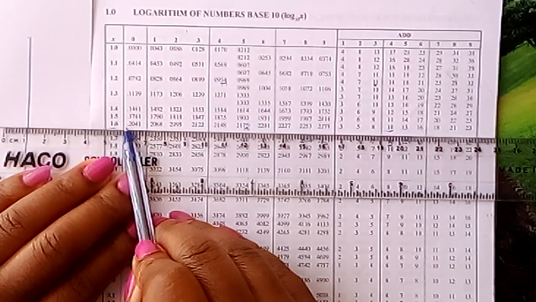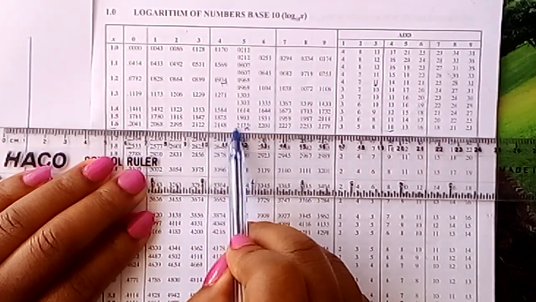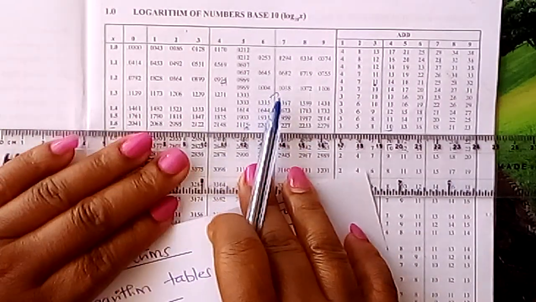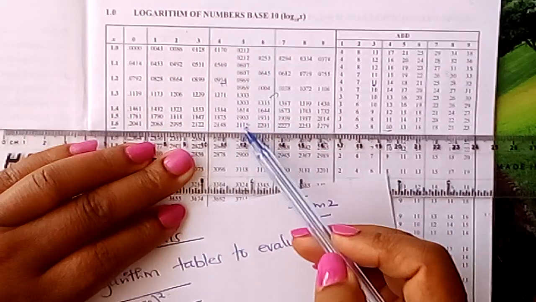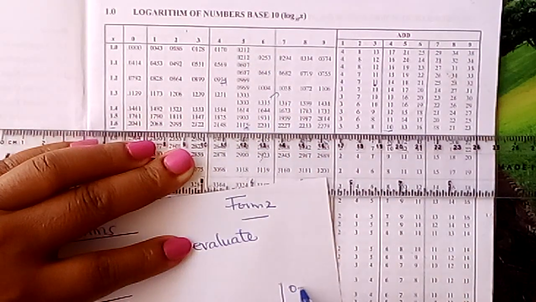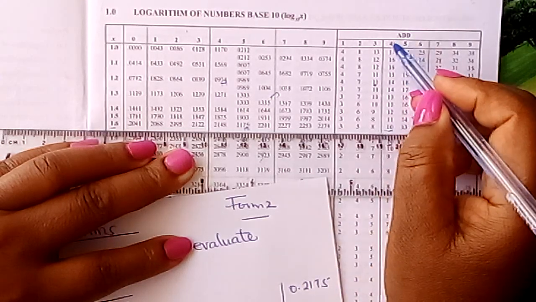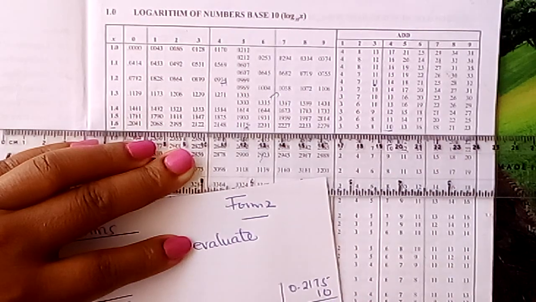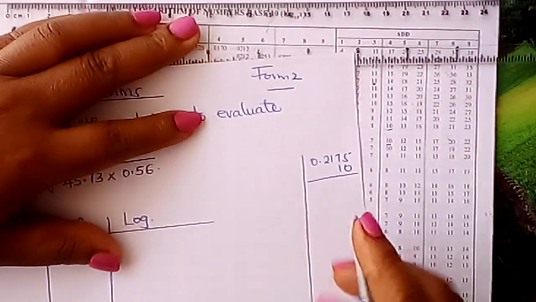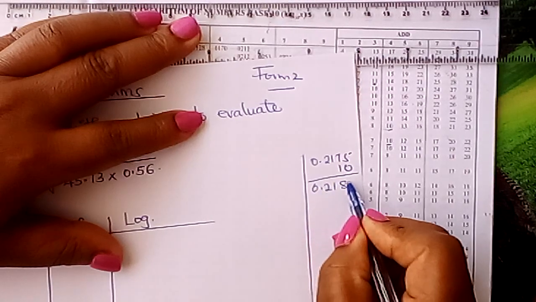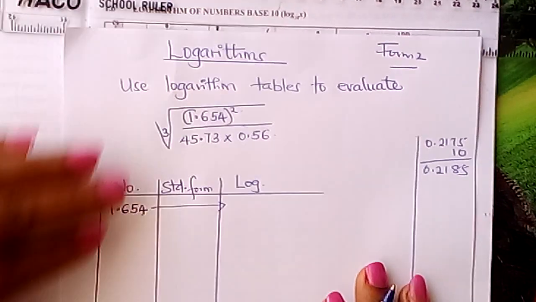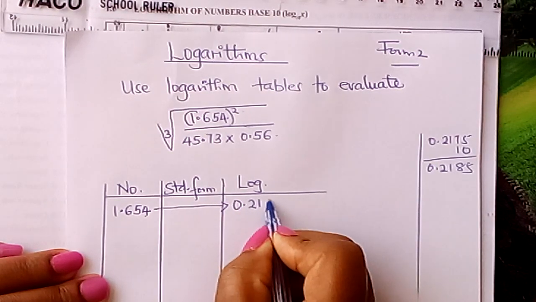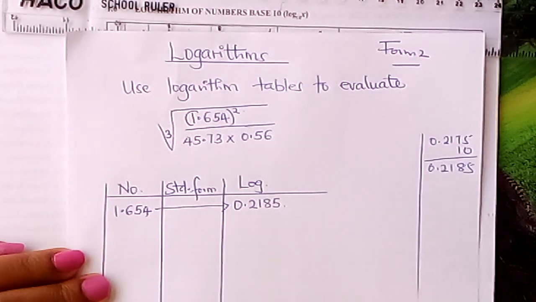So 1.645 gives 0.2175, and adding the 10 for the last digit you get 0.2185. You fix it here. That logarithm you get direct from the tables like that.